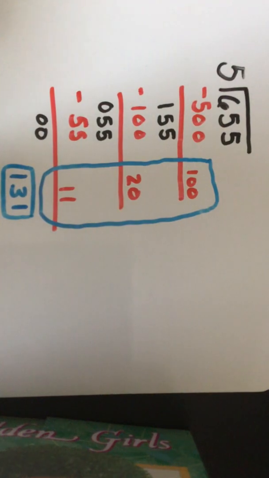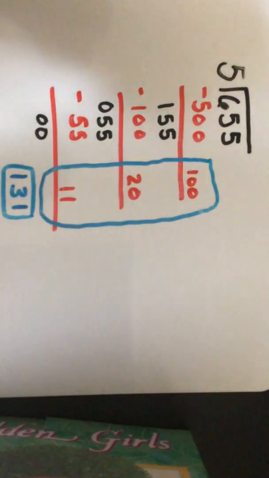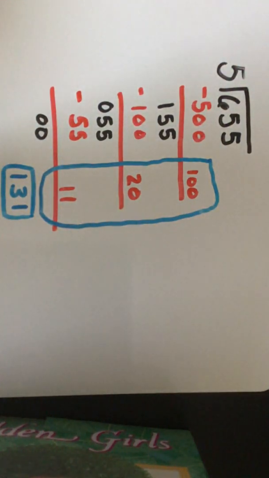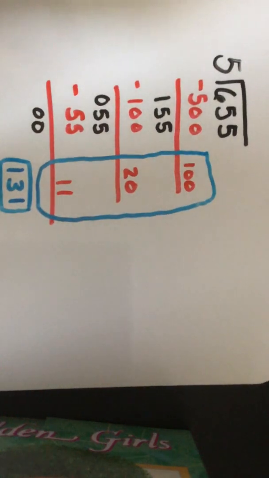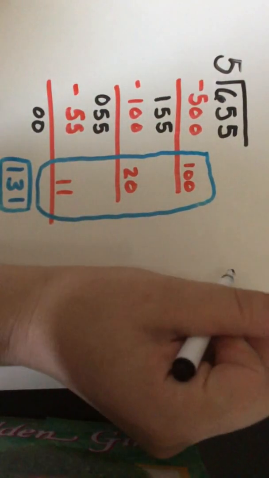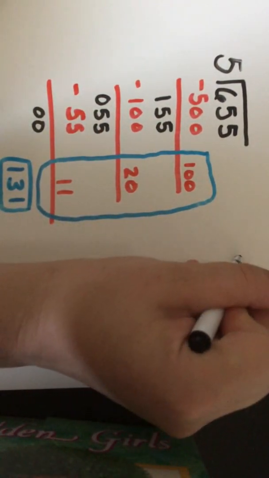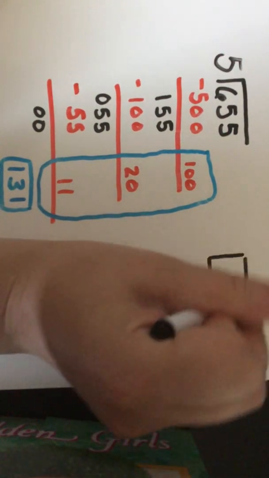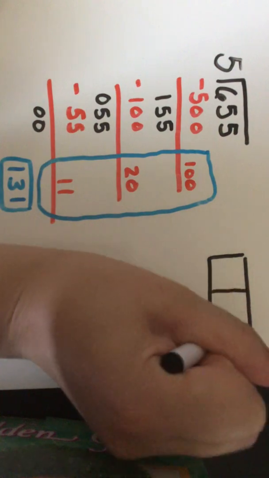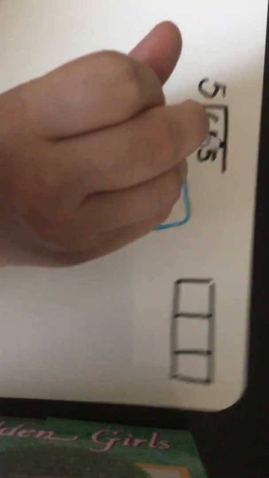Now, I'm going to show you 2 ways simply because different ways work for different students. We also at times have done something called the box method. The box method is where I would break down my numbers into place value.